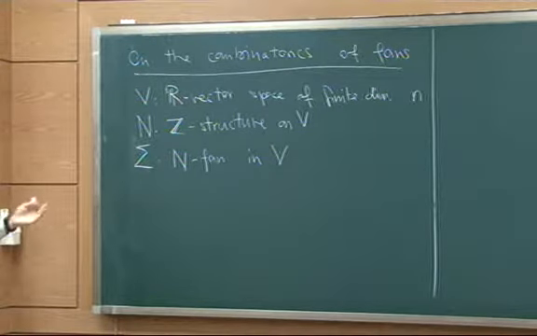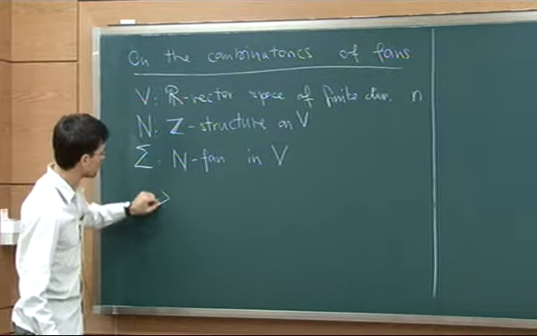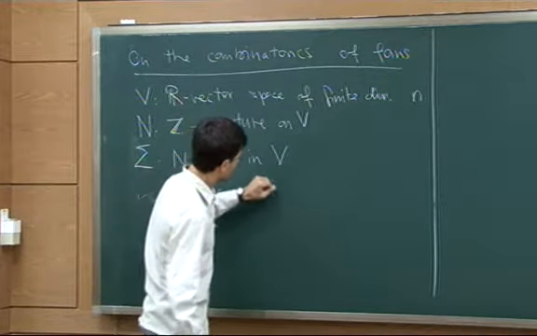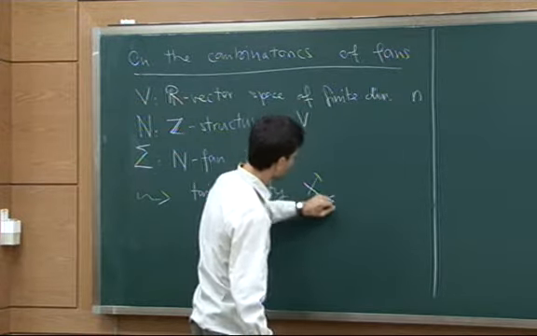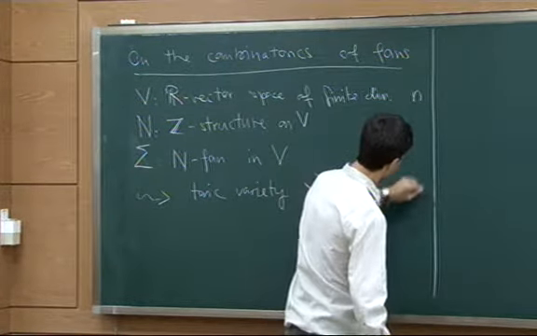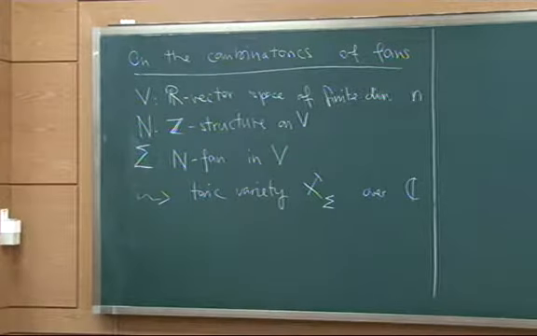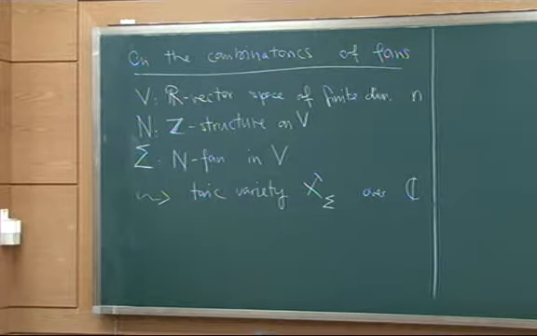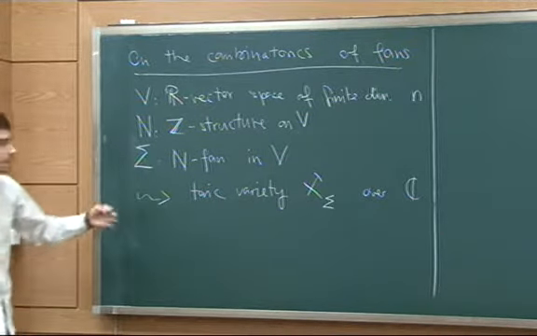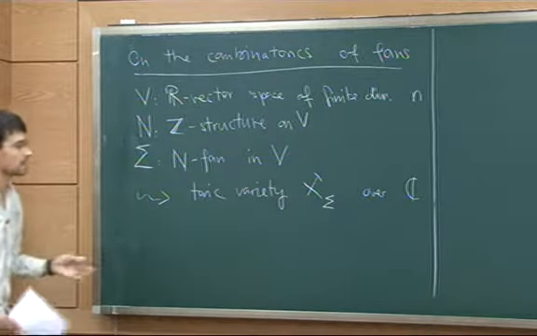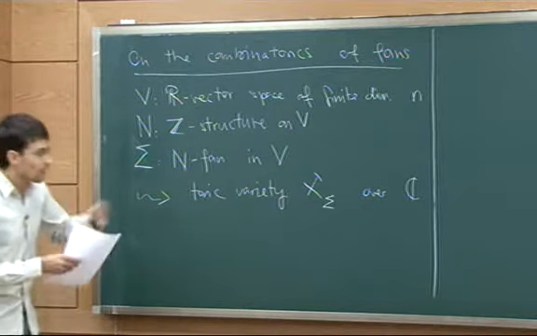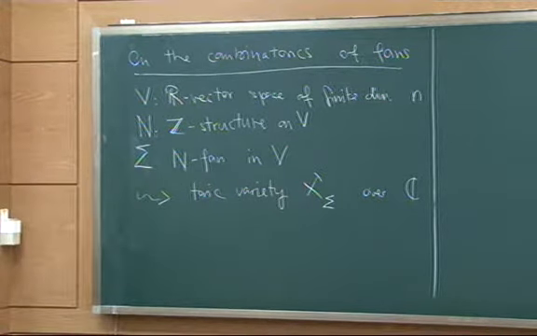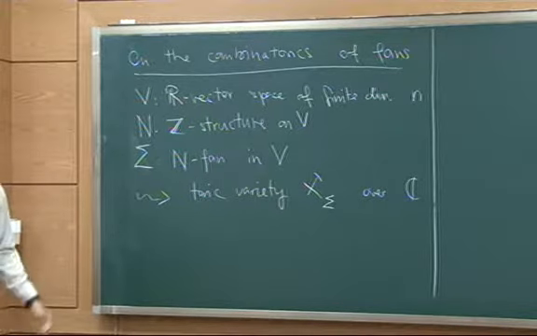So, as probably all of you know, such data give rise to what is called the toric variety X sigma over the field of complex numbers. And now a lot of people study these toric varieties, so these are very nice varieties, and there are a lot of possibilities and a lot of tools to study these varieties. So one class of tools are, of course, geometric tools. These are especially nice varieties, so there are a lot of geometric tools available.